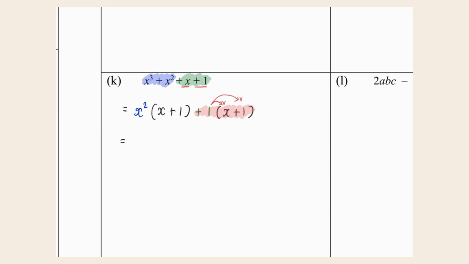And the reason for doing so is because that will then allow me to see very clearly x plus 1 is a common factor. And I'm left with x squared plus 1.